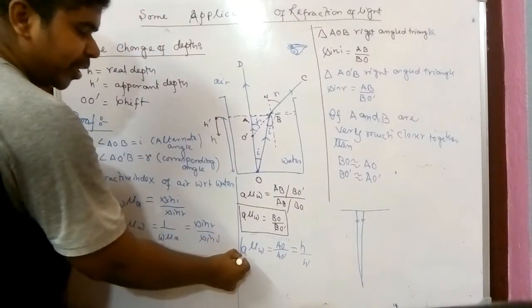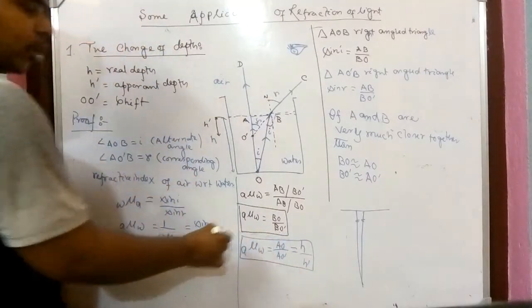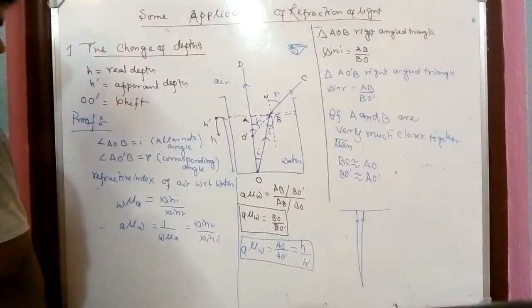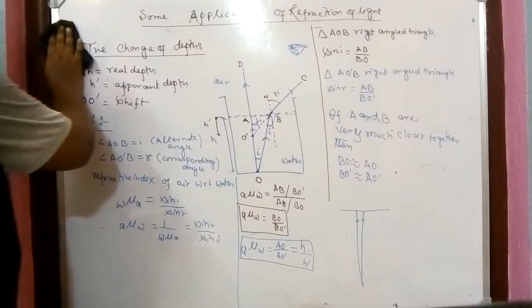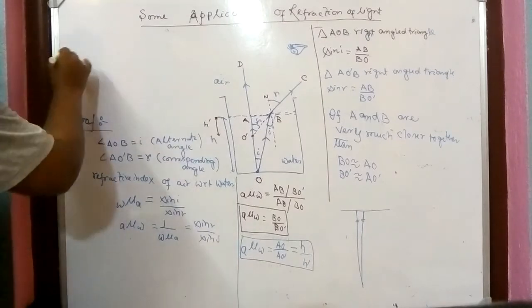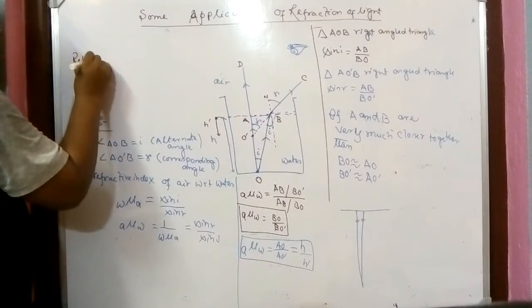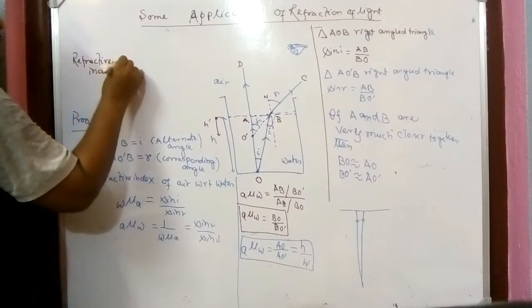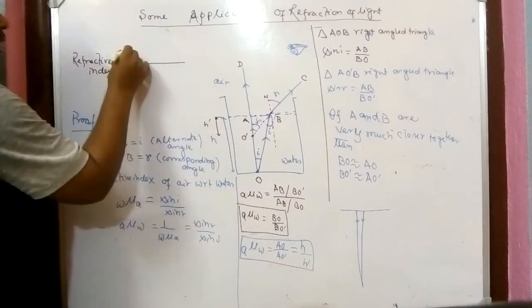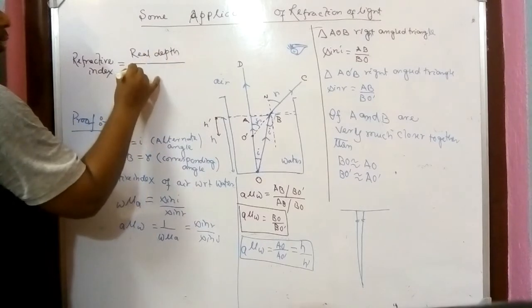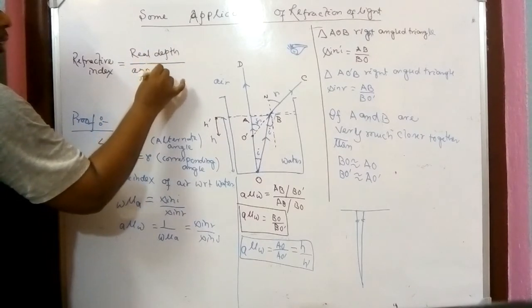So that will be the equation by which we are able to find the change of depth. So if I write it here, I'll just erase this. We can mention here that the refractive index is equal to H by H', that is, real depth by apparent depth.